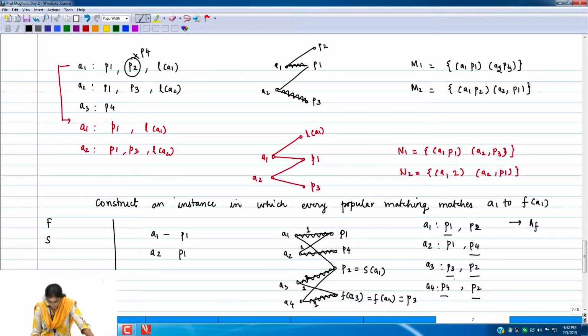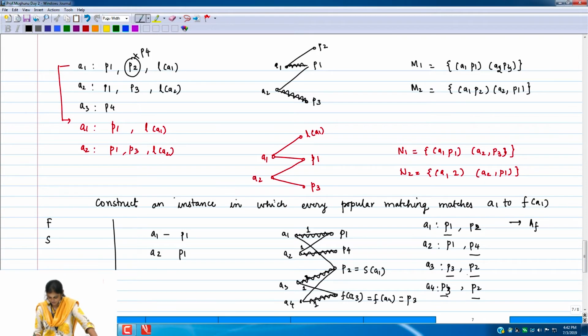A3 gets matched to, okay, I think this is P3. I'm sorry, thank you for pointing out.